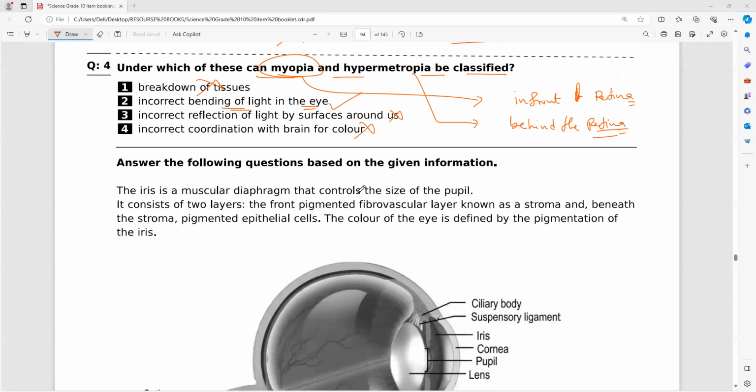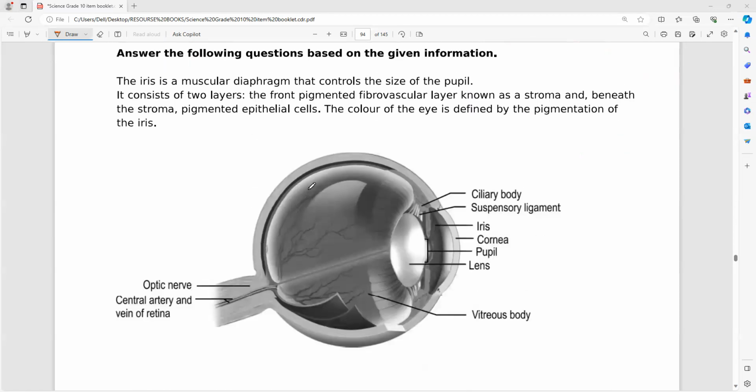So remember. Next, the iris is a muscular diaphragm that controls the size of the pupil. It consists of two layers. The front layer is a fibrovascular layer known as the stroma, and beneath the stroma is a pigment epithelial layer.